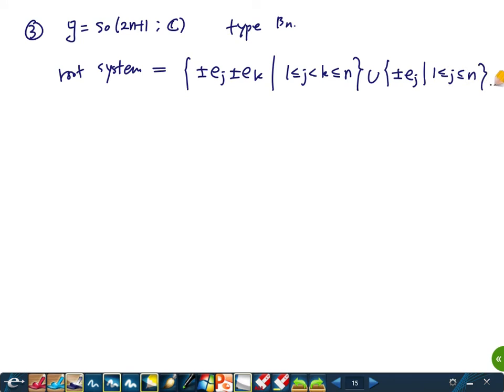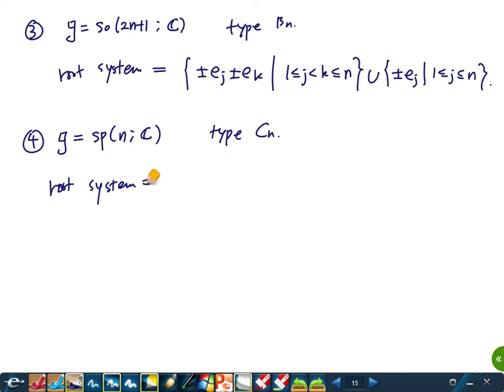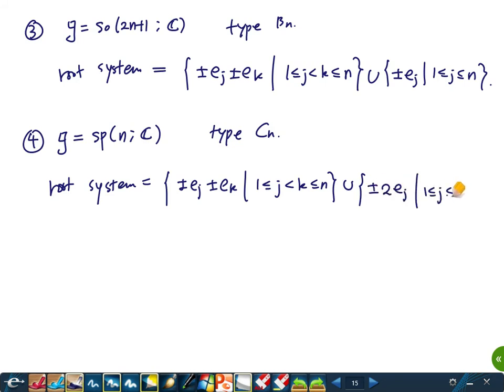This is the root system of type B_n. And if G is Sp(n, C), this is called type C_n, and the root system is pretty much the same as the type D_n root system, except we have plus or minus 2e_j.